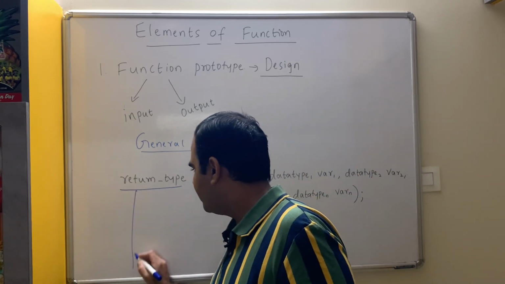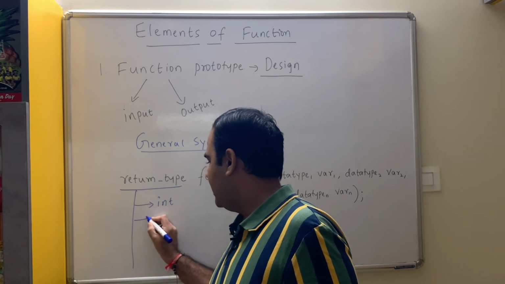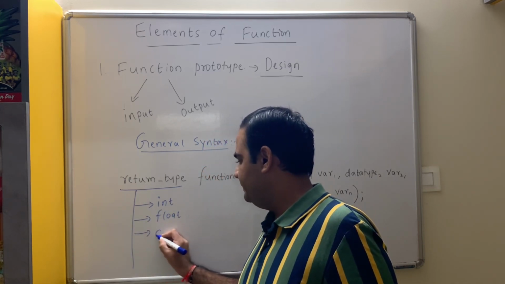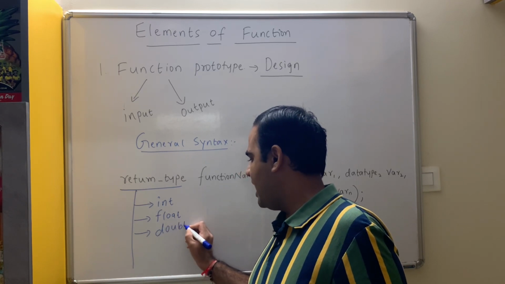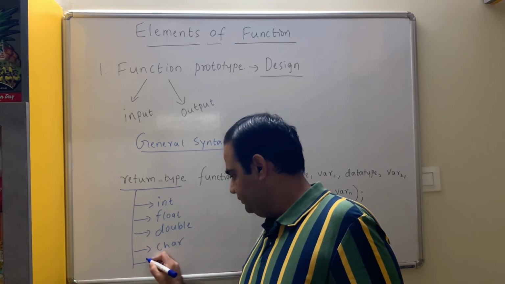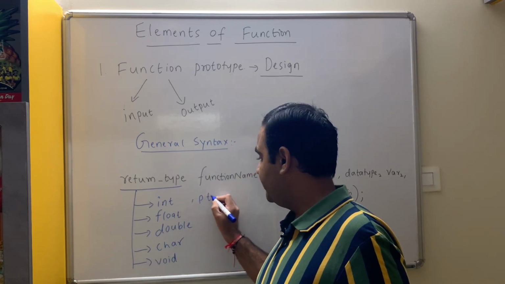Now this return type can be int. This return type can be float. It can be double, char, void. It can be any pointer.